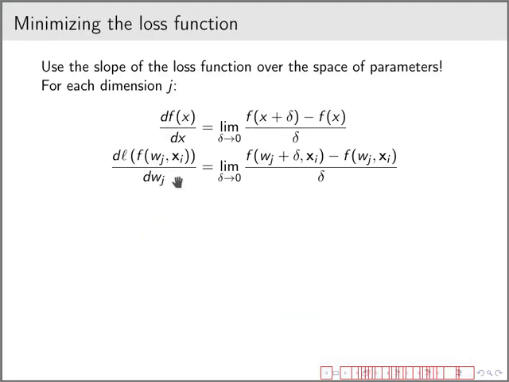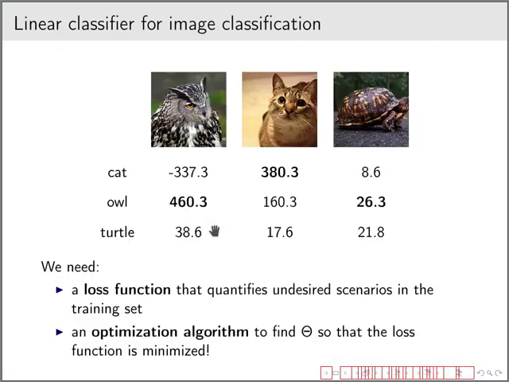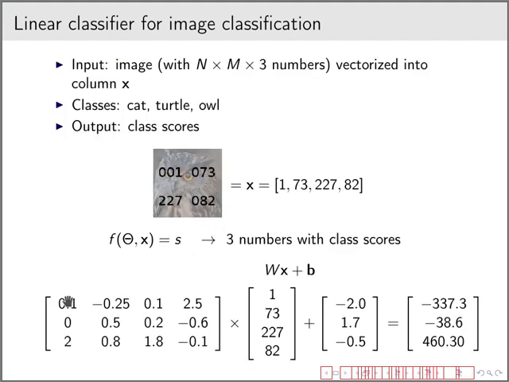This is done by adding a very small value to w and then computing the difference from when I don't have that. Because we have multiple dimensions, in this case we have a 3 by 4 matrix, so 12 parameters, plus 3.